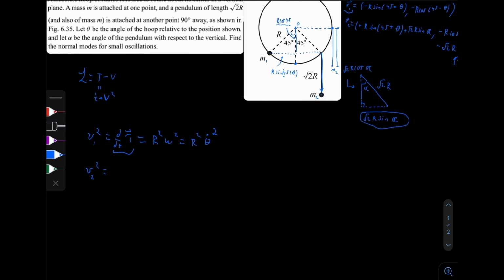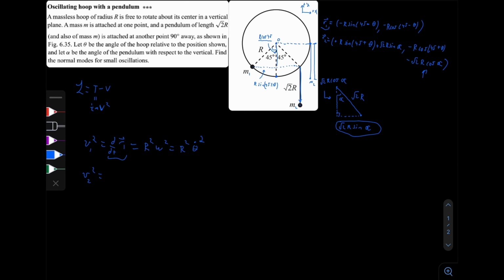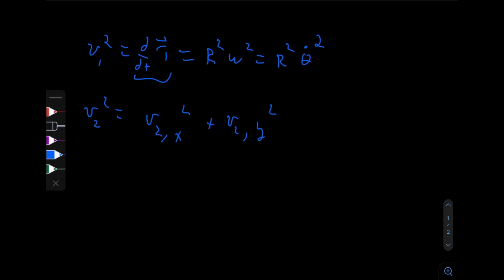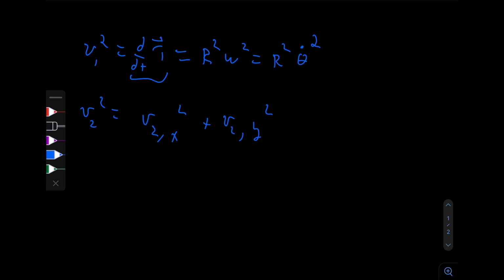Okay, v2 squared. This is a little more involved. v2 squared is going to be equal to v2x squared plus v2y squared. That's just the standard formula for vectors.